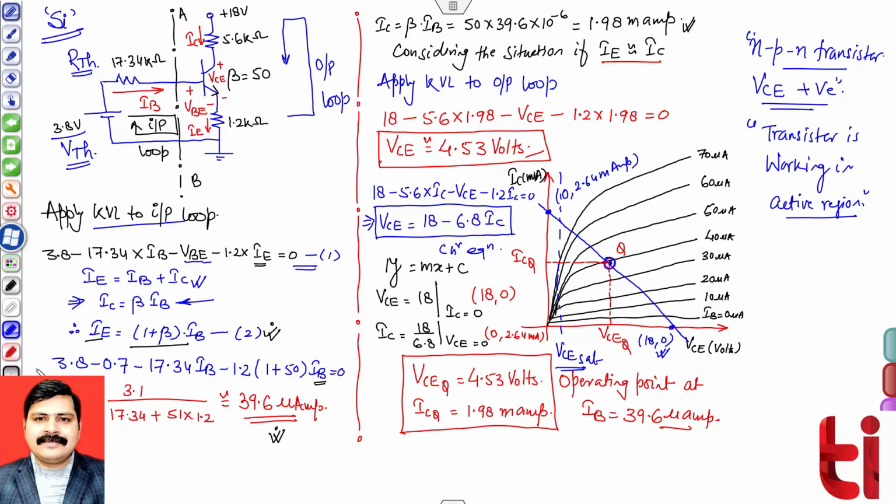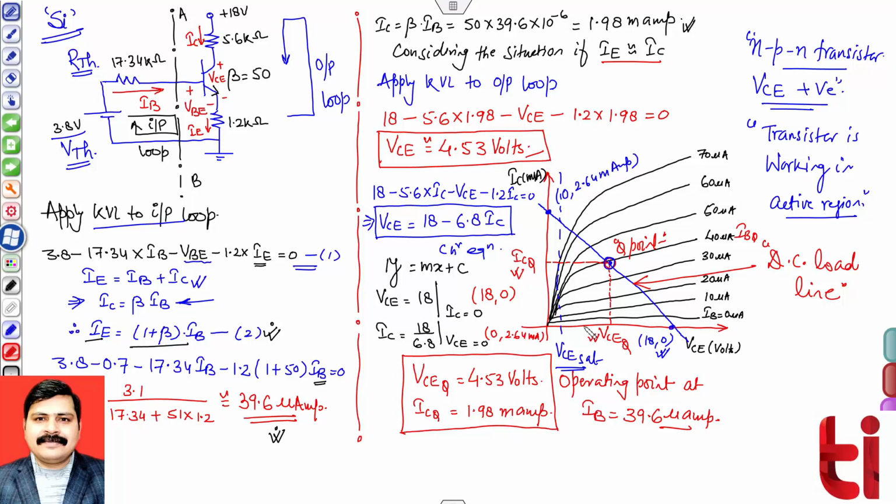So by drawing these 2 points, this is my DC load line. It has included my load resistance. So the point of intersection of this DC load line and this IBQ, which is approximately 40, as I am having a numerical value of 39.6 microampere, this point of intersection is my Q point, and while I am moving from this Q point to the y-axis and x-axis, correspondingly I can find the value of ICQ and VCEQ.